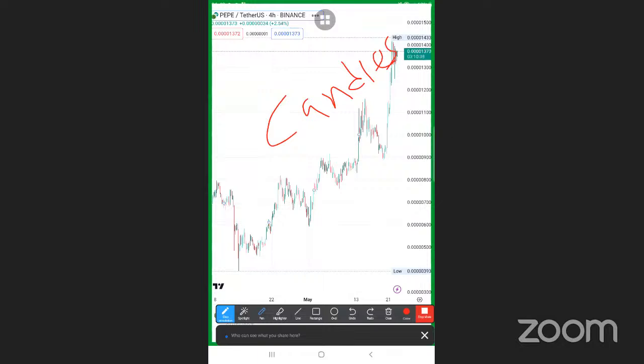So I want you to follow me closely, because I'm taking you to another level. The reason why we are using candlesticks is that we want to understand market behavior. When we refer to market behavior, we are referring to buyers and sellers, demand and supply, bears and bulls.